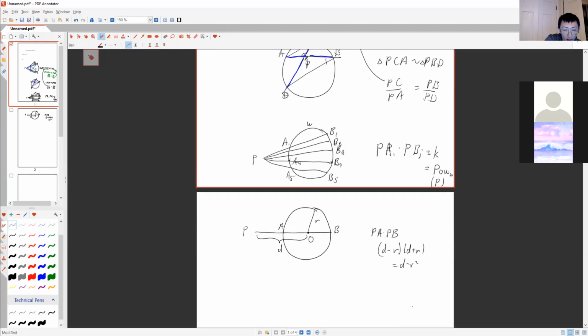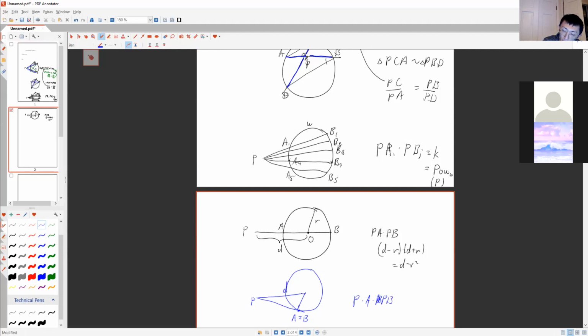The other way you can see this is if you take a line that's tangent to the circle this time, then the two intersection points are the same. So A equals B, because the line intersects at the tangent point twice, you can think, because it's a tangent. And then here, we'll get that the power is the length of PA times PB, and A and B are the same points.